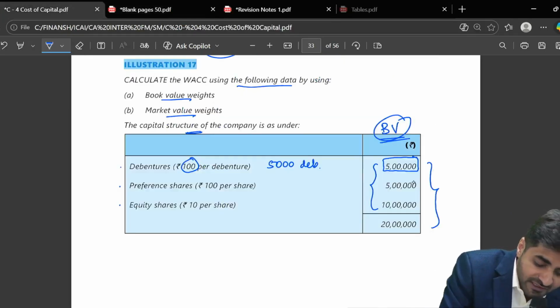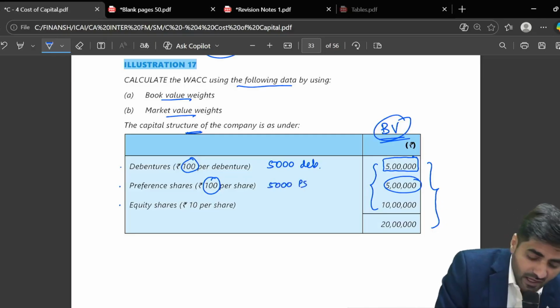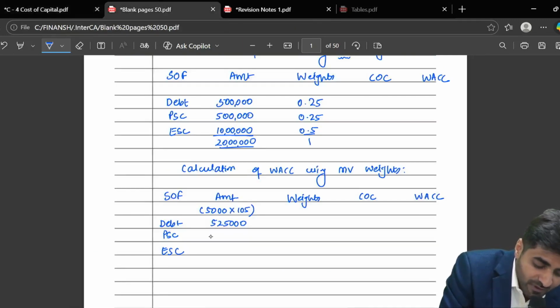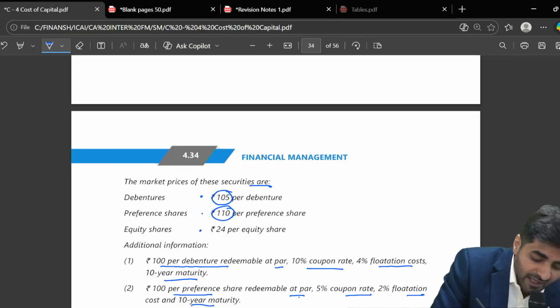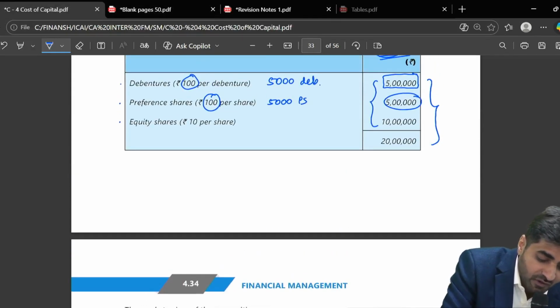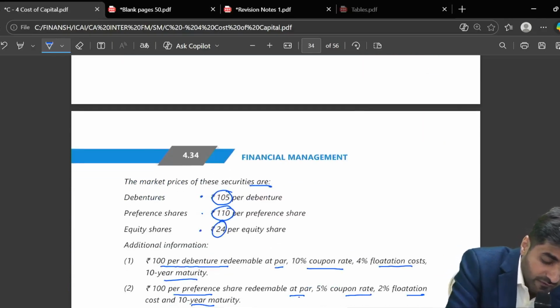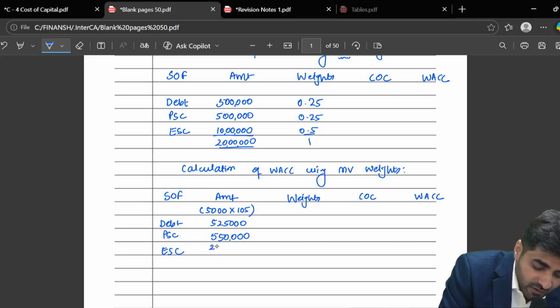What about preference shares? For preference shares, this is 5 lakh divided by 100 each. Can I say this will be nothing but 5,000 preference shares? I need to multiply it with what price, beta? 110. So this will now become 5 lakh 50,000. And the last case, just check what are the number of equity shares. 10 lakh divided by 10, how much? 1 lakh shares. And I will multiply that with the market price. What is the market price, beta? 24. So this is 24 lakhs.